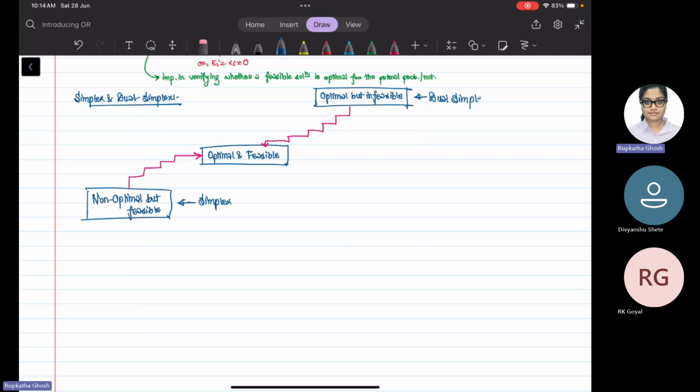You can actually check any YouTube video on how a dual simplex works, because due to the brevity of time, I won't be able to cover it in this class. So I just want to give you the understanding of how things are working. So yeah, I think that was about the duality theory which I wanted to say. And okay, I guess that's it for today. I'll just stop the recording.